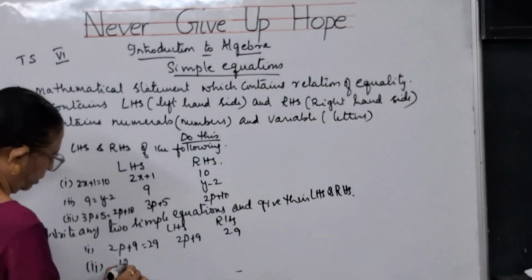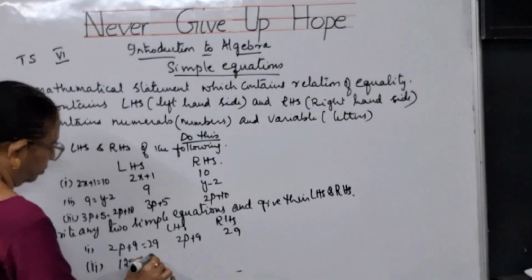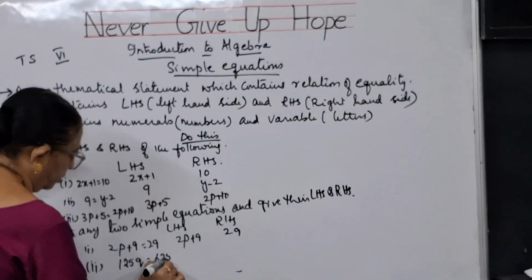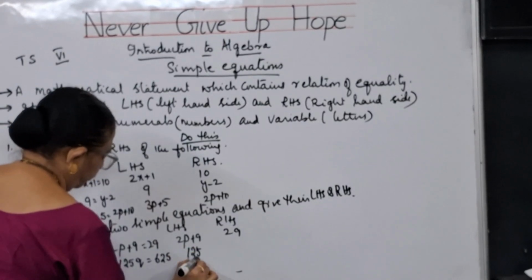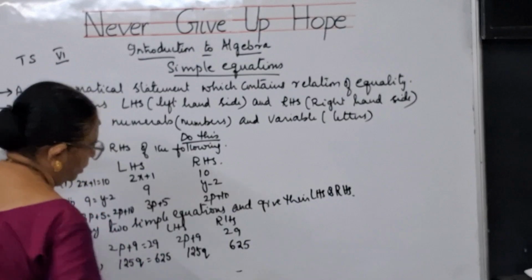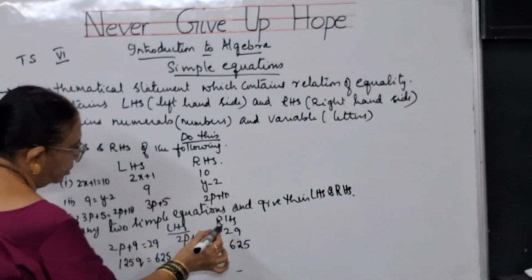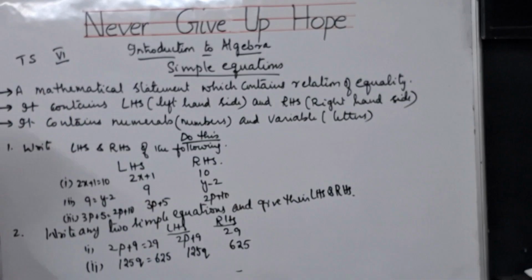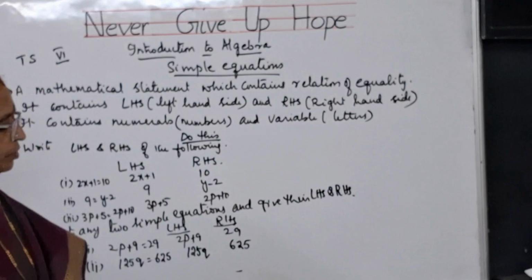Second one, 125 cube is equal to 625. So LHS 125 cube, RHS 625. This as an example I have written, children, but it is your wish. You can write anything that you want here. This is about do this. Children, please note it down.